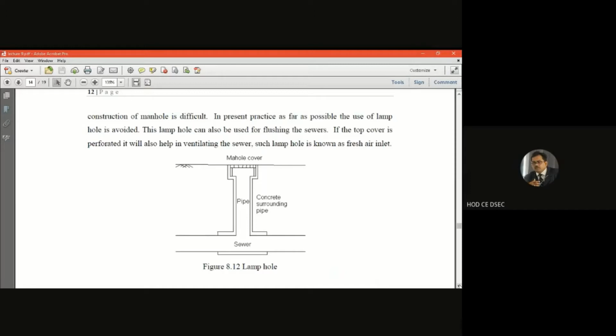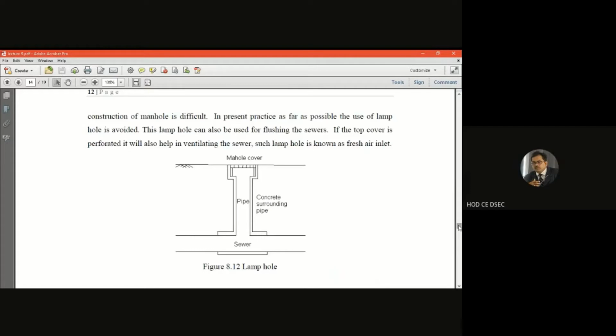So this is being used for different purposes, like ventilation as well as other purposes. In present practice, as far as possible, the lamp hole is avoided.